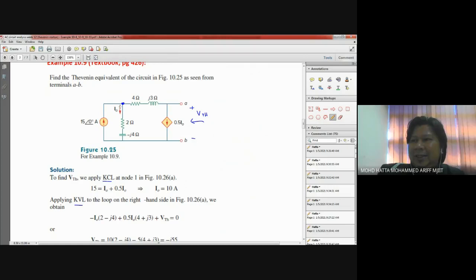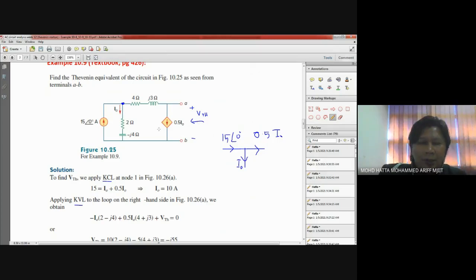According to this junction, we have a current over here supplied by 15 angle of 0, or 15. We have IO over here, and also over here. All right, this is tricky. And over here, it is basically 0.5 IO. Why?